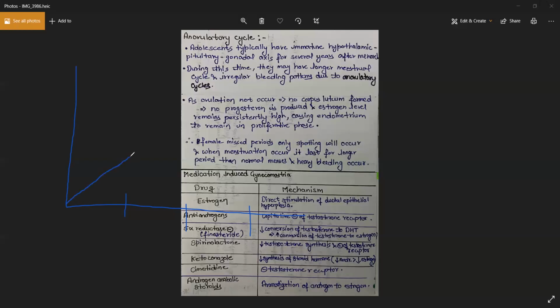Now, in the second cycle again, you won't get the ovulation, so you will again get endometrial hyperplasia, right? Again, in the third cycle, you won't get the ovulation. Again, your endometrium will be in the proliferative phase, and again it will get hyperplasia, right? The size of this endometrium is increased too much.